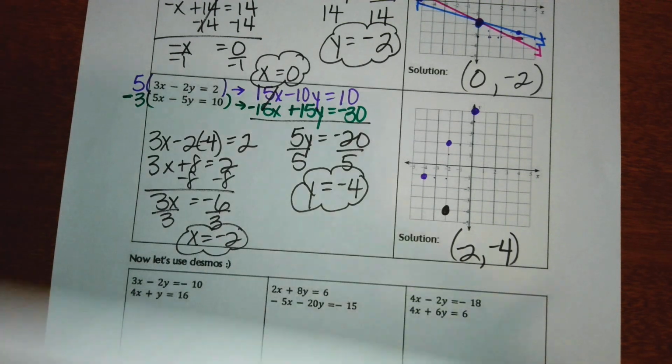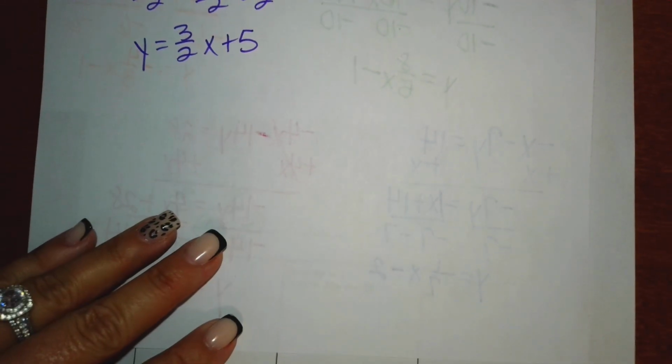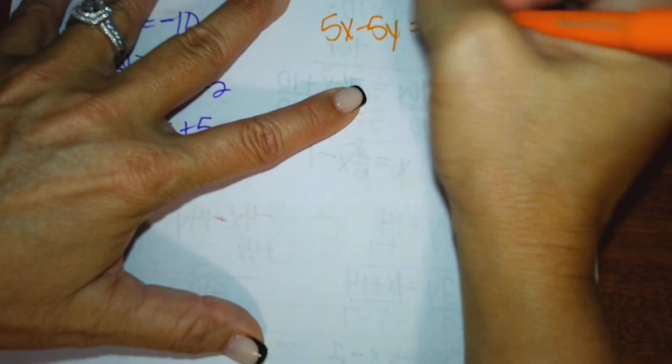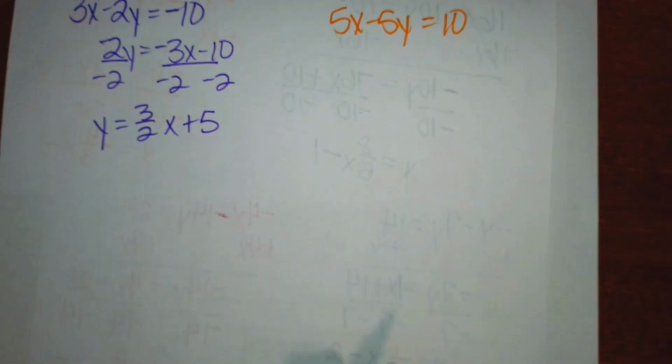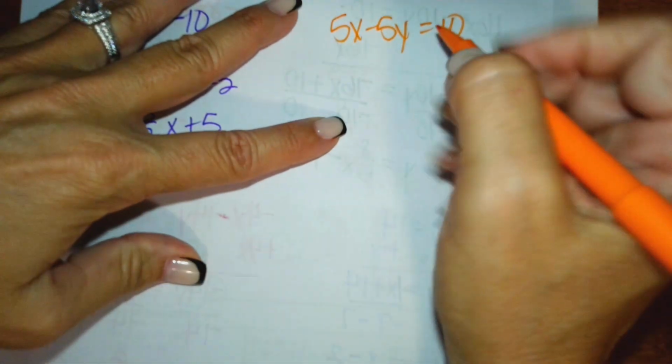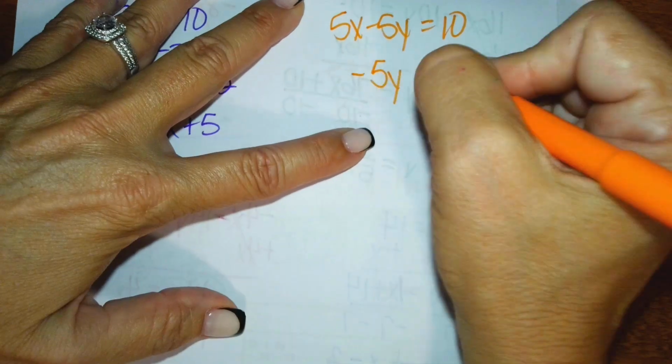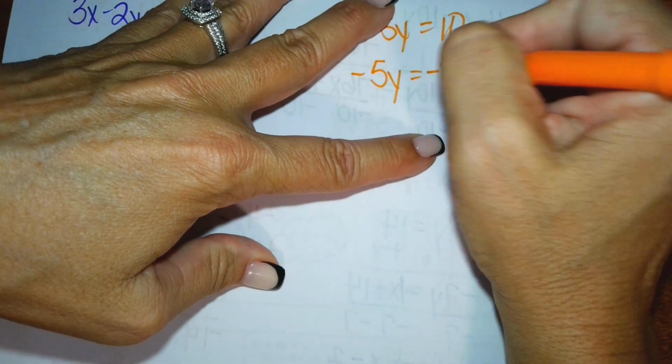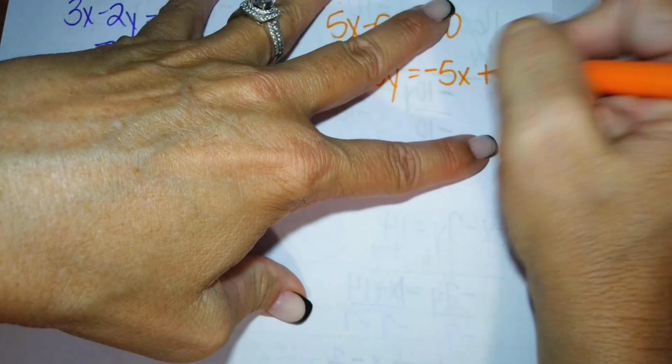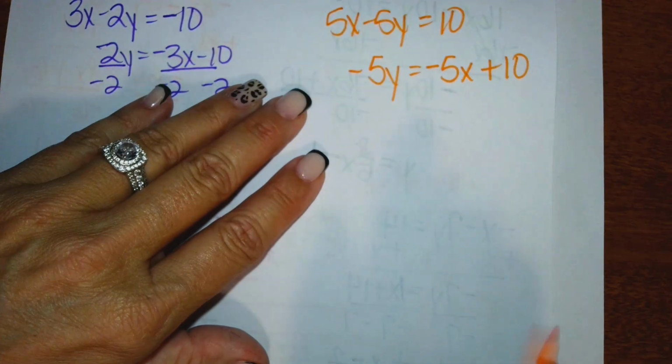All right, so let's try the second equation. It is going to be 5x minus 5y equals 10. We're going to subtract our 5x over, and I get -5x plus 10.